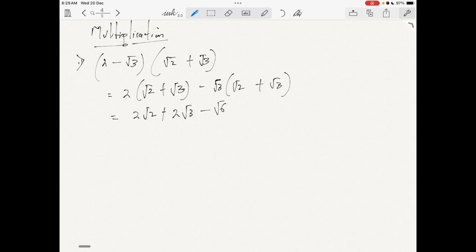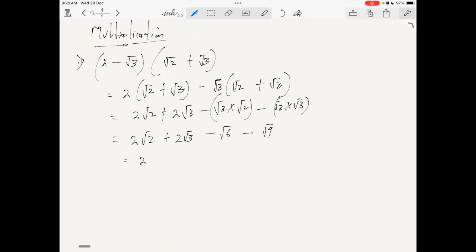Or let's take it a bit backward. So root 3 multiplied by root 2. And this one gives us minus root 3 multiplied by root 3. So we have 2 root 2 plus 2 root 3 minus root 6, and this will give us minus root 9.